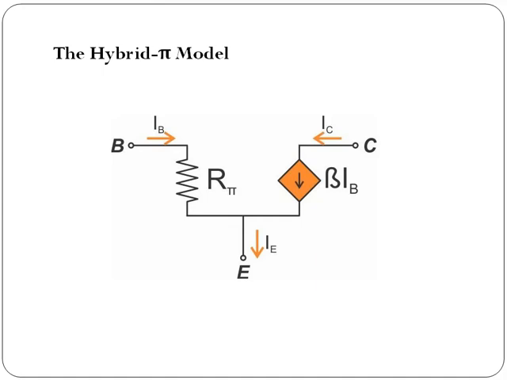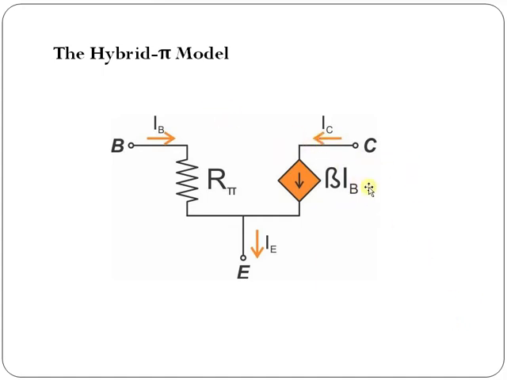These models are relevant only to small signal operation. The hybrid pi model also has 3 terminals corresponding to the BJT base, collector and emitter. The current flowing into the base is determined by the base to emitter voltage and R pi, and the collector current is generated by the current controlled current source.